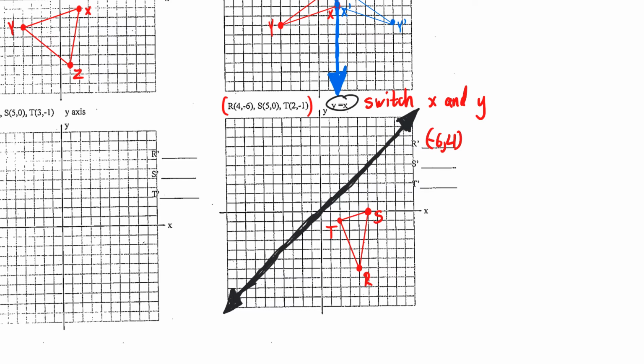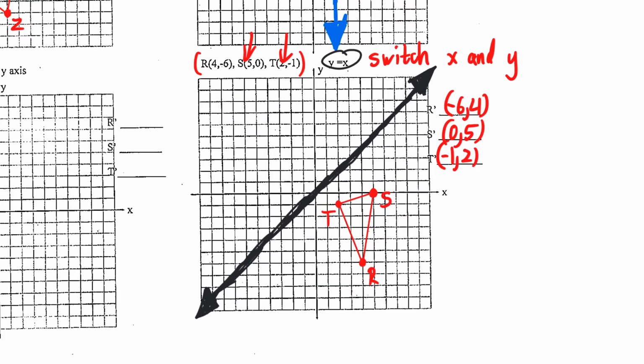So where's S prime going to be at? At 0, 5. And where's T prime going to be at? Negative 1, 2. Okay, so let's plot those new points. 0, 1, 2, 3, 4, 5 is S prime, and then negative 1, 2 is T prime.